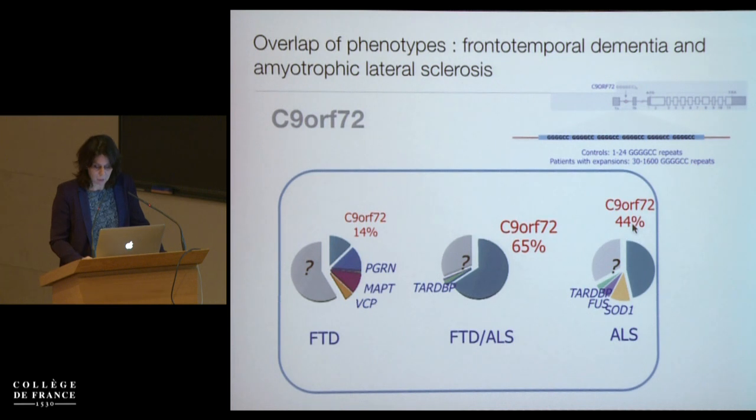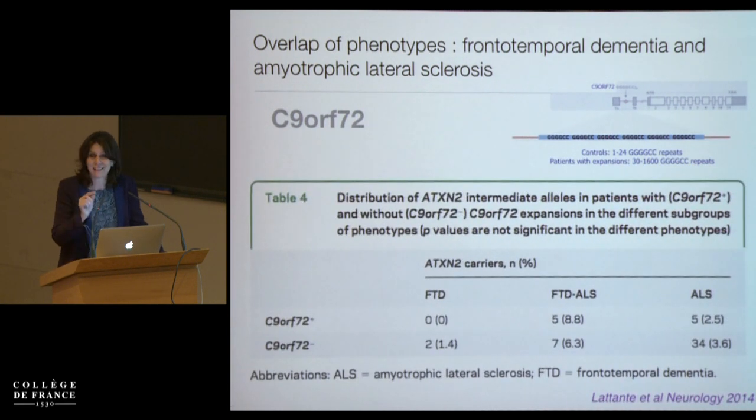But what I wanted to tell you about this is that when you look at ataxin-2 in these cohorts, and they are very small figures, it's still interesting to see if there is someone with FTD or ALS or both carrying at the same time this repeat in C9orf72 and an ataxin-2 intermediate expansion, so still normal, as I showed you for the risk for motor neuron disease, then you will have a motor neuron disease phenotype.